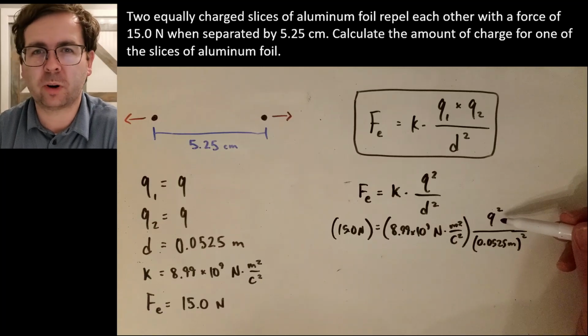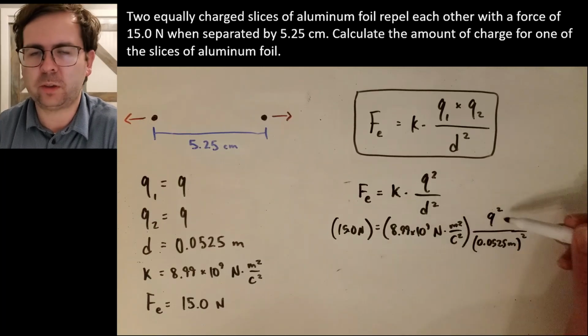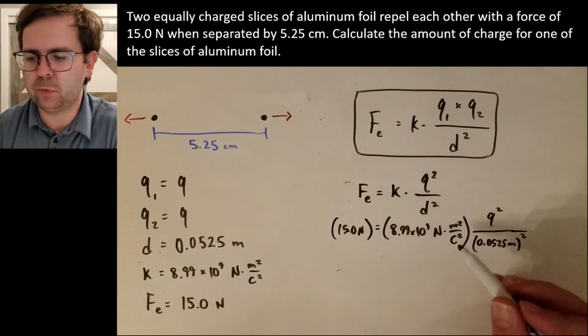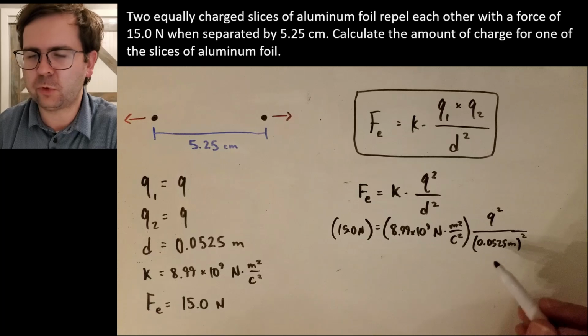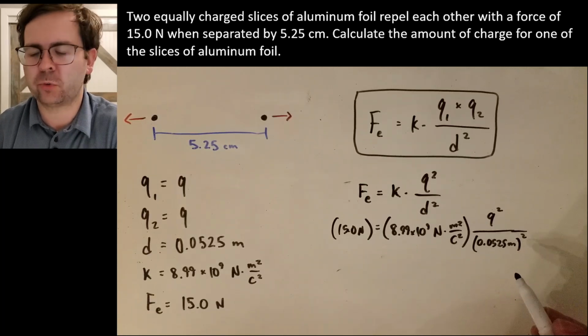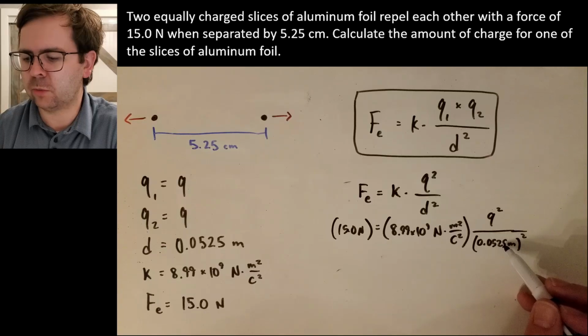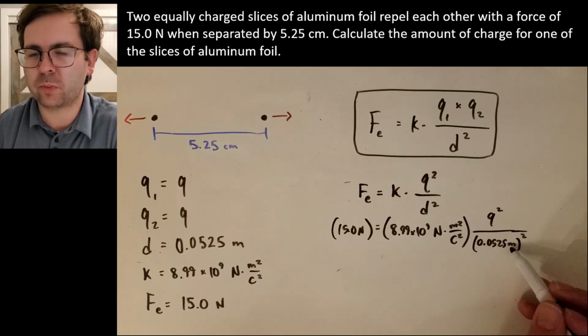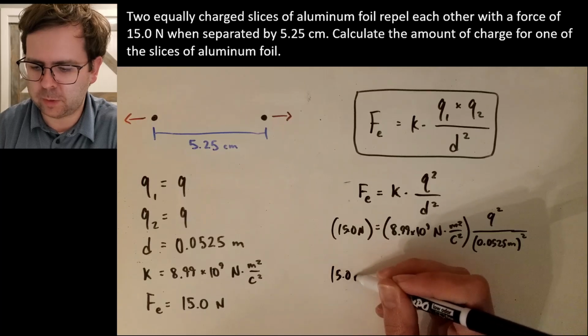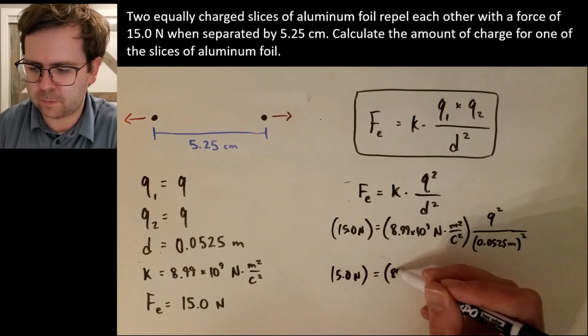Okay, so we have a lot here and we're trying to solve for Q, but it's kind of difficult to solve for it right now. So just a little algebra review. We need to isolate Q, but to do that we need to move these other things out of the way. The first thing that we're going to try to get rid of is this denominator. We want to get rid of fractions first, and so we're going to first just square what's in the denominator here. So I'm going to leave everything else the same, and then I'm going to square the denominator.